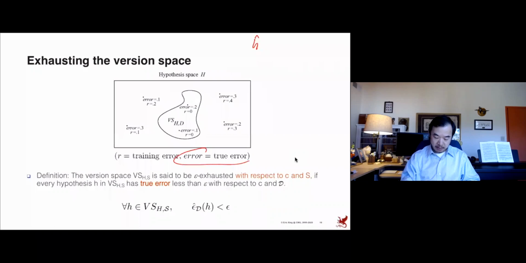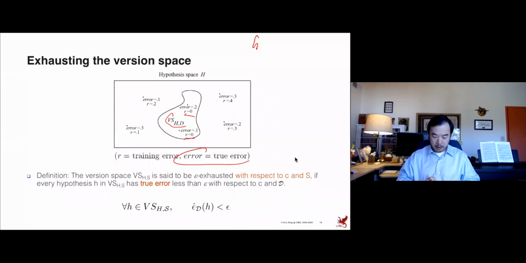Again, here I redraw the graph. This big square is the whole space of H, and this little shape in the middle is our version space. In the version space, all the training errors become 0. But out of these different 0 error hypotheses on training data, they can still have different values of testing error, one being 0.1, one being 0.2, and obviously we prefer the little ones.